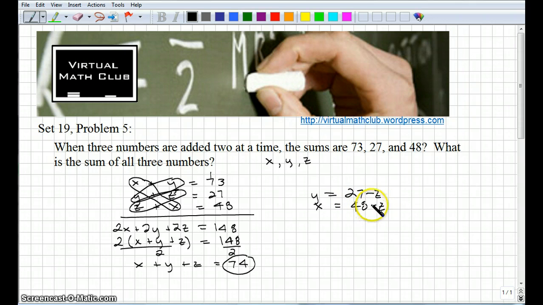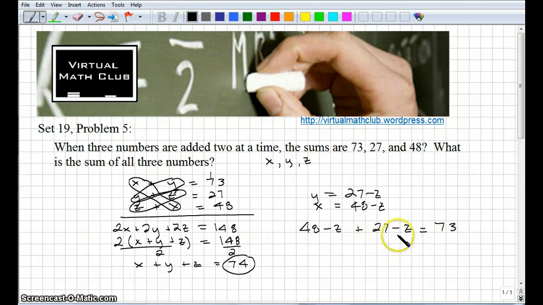Alright, and then we can plug x and y into this first equation, and so we have x plus y, so x is 48 minus z plus y, which is 27 minus z, is equal to 73. That's just using these two equations, and wherever I see y, I put 27 minus z, wherever I see x, I put 48 minus z.